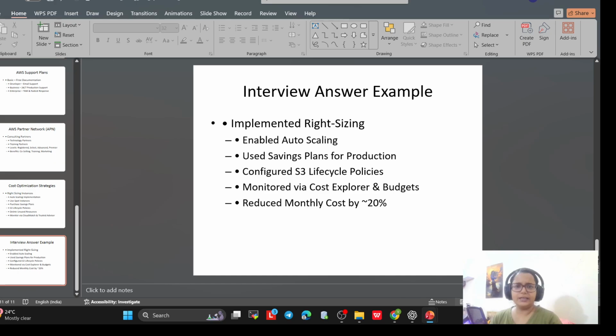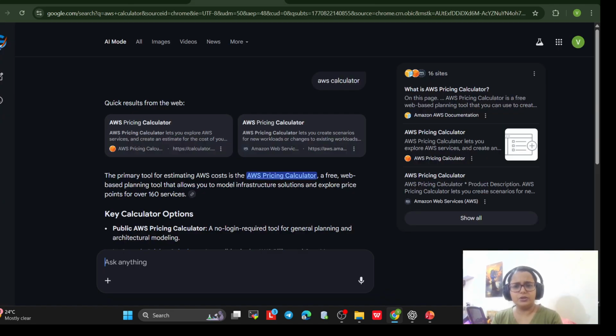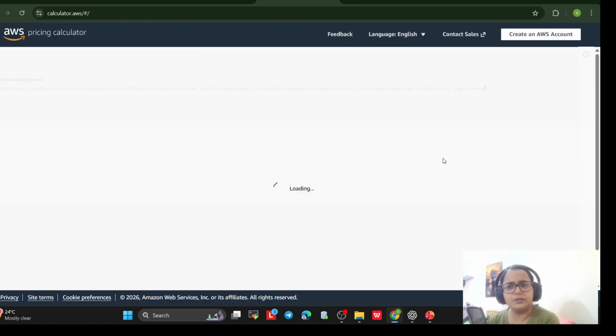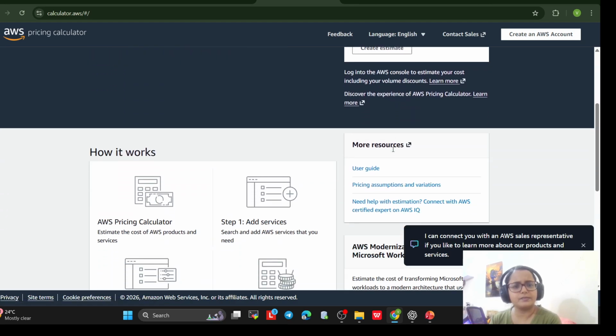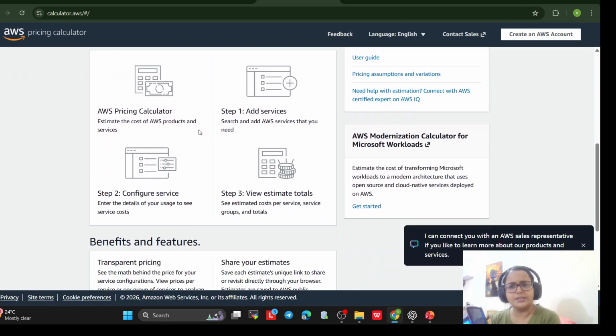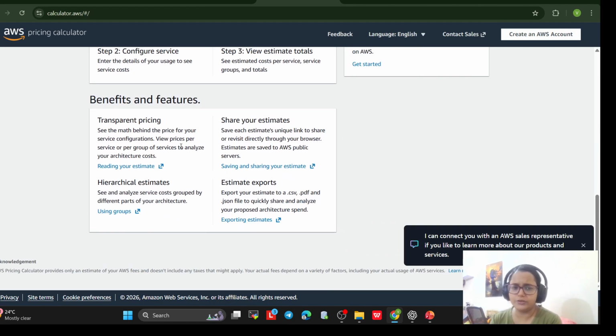In this, only that one thing is practical, and for that I need an AWS ID that I don't have. But we can use the AWS Pricing Calculator. You can follow the official documentation, that will be good.